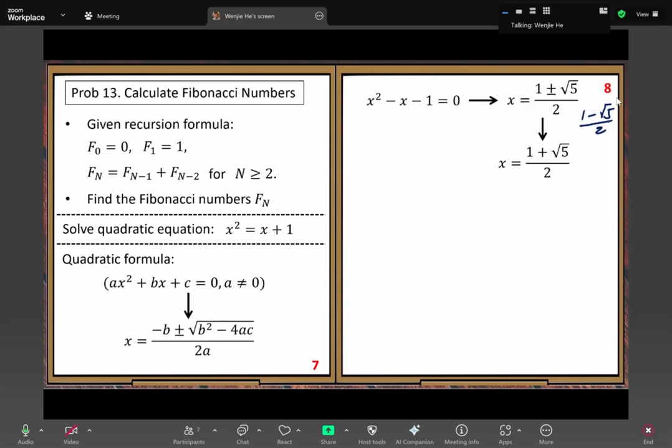How can x be a negative value? It cannot be a ratio. So we should drop the negative solution, because our goal is finding the ratio. The ratio cannot be a negative value, so we only take the positive value as the ratio.